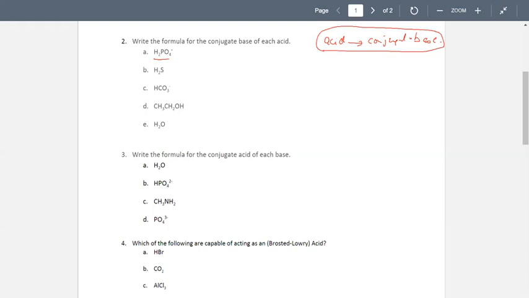Because that proton goes away with just the proton. There is no electron leaving. The electron stays here. When the hydrogen ion leaves, one positive charge is gone, so the number of negative charges will be more there. It's going to be HPO4 with 2 negative charges.